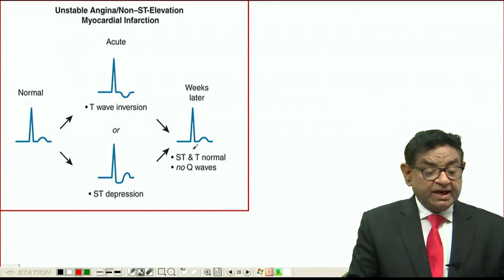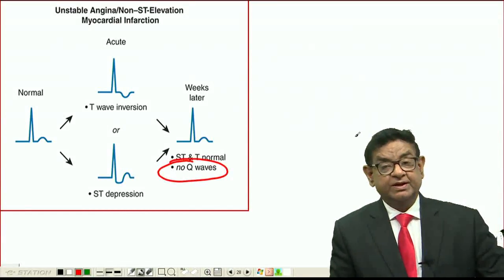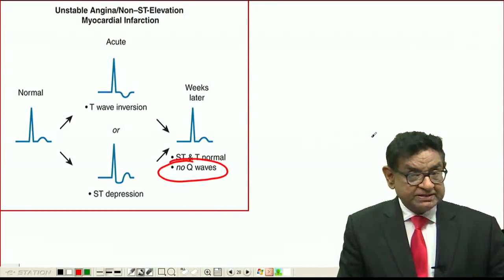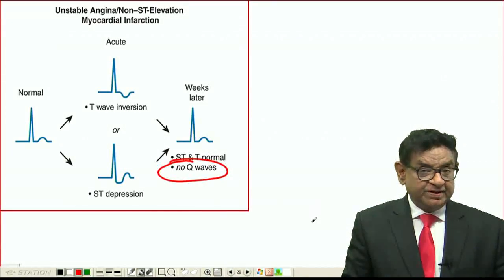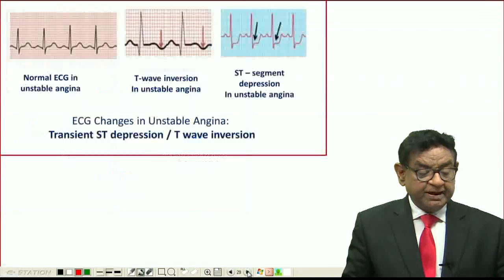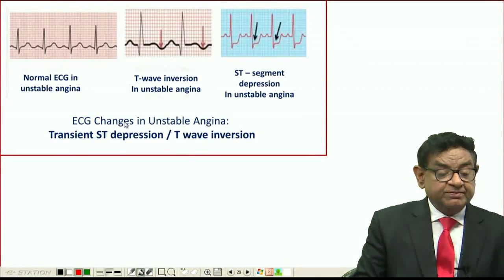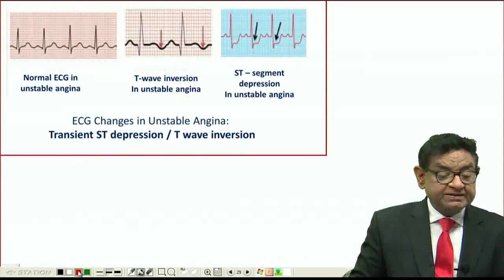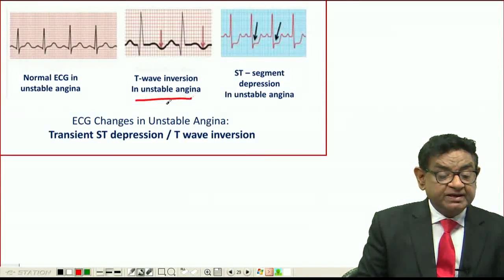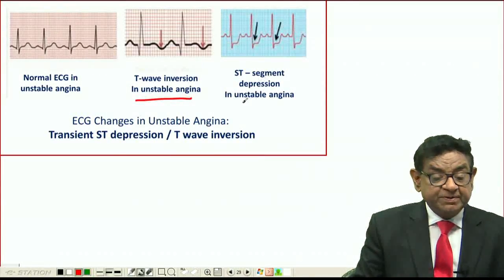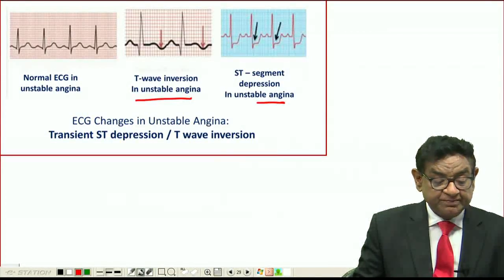And remember, a week later on, ST-T come to normal and no new Q wave. There's no Q wave in non-ST elevated MI, but Q wave is the only finding that is there in old ST elevated MI. Okay, so see the other ECG for better understanding, T wave inversion in unstable angina and ST segment depression in unstable angina.